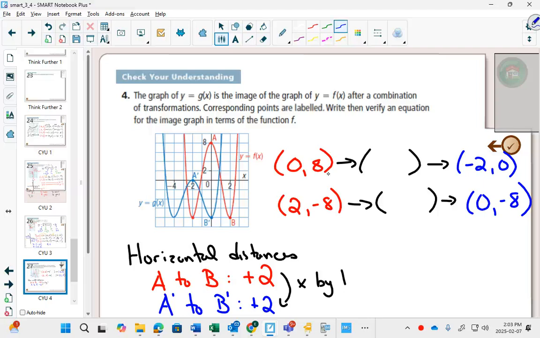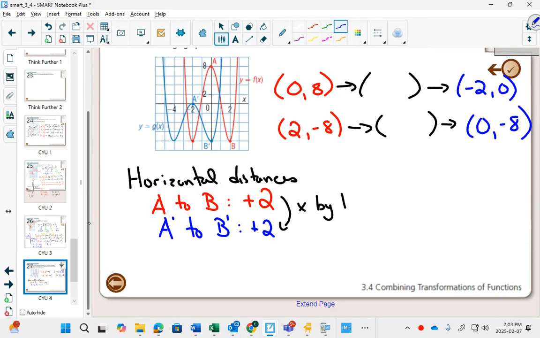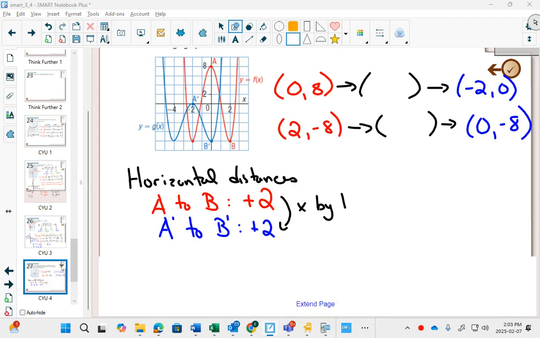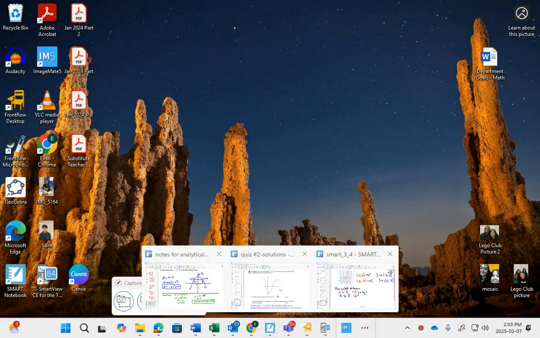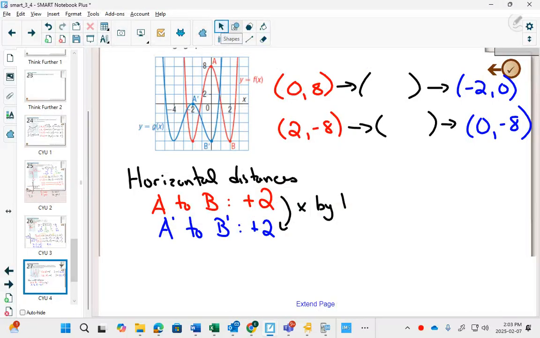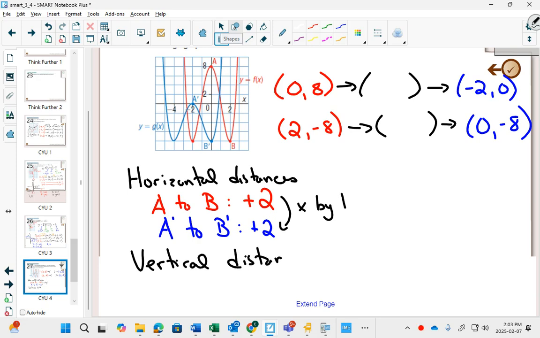But when we look at our vertical distances, from A to B, I go from 8 down to -8, I would write that as a -16, because I'm going down.